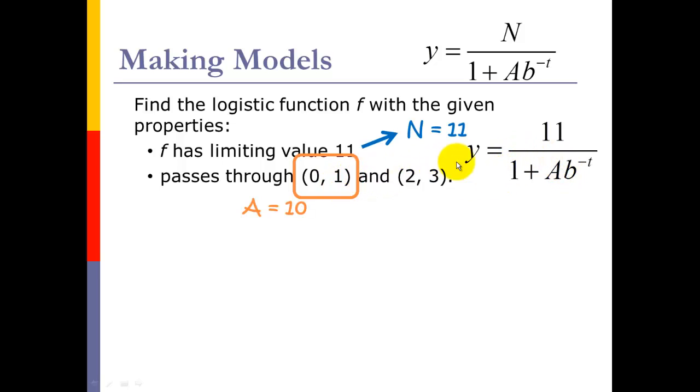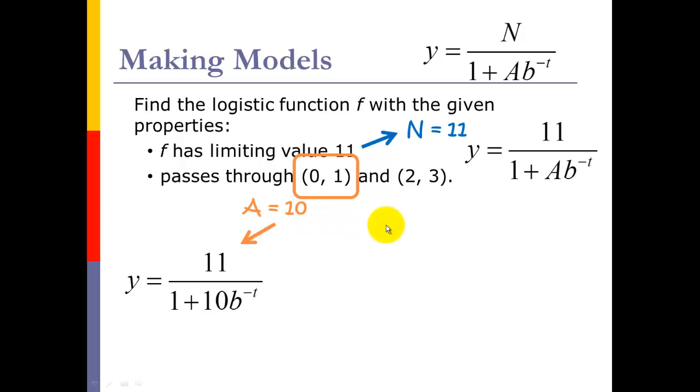When we plug in that 1 for y, we have 1 equals 11 over 1 plus a. Let's multiply both sides by 1 plus a. That brings it out of the denominator, and this is multiplying by 1. So then we have 1 plus a equals 11. Subtract 1 from both sides, and that's how I get a equals 10.